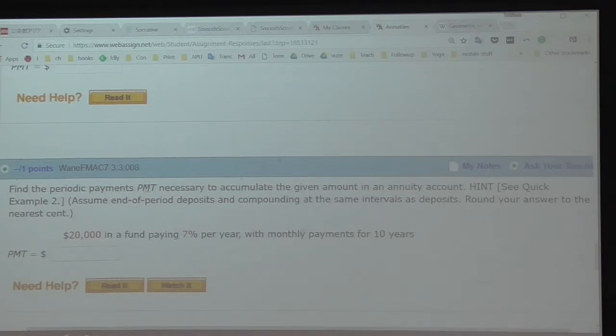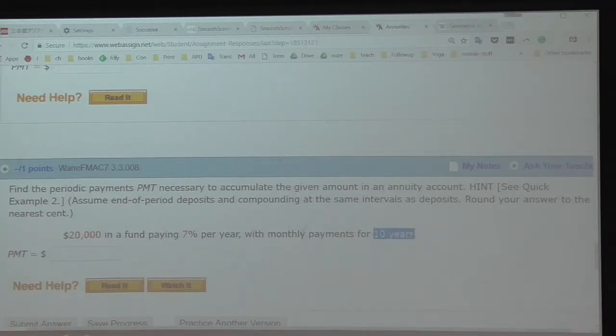Okay, this one says, find the payment that you have to make every month. How much do you have to put in every month to have $20,000 at the end of 10 years?